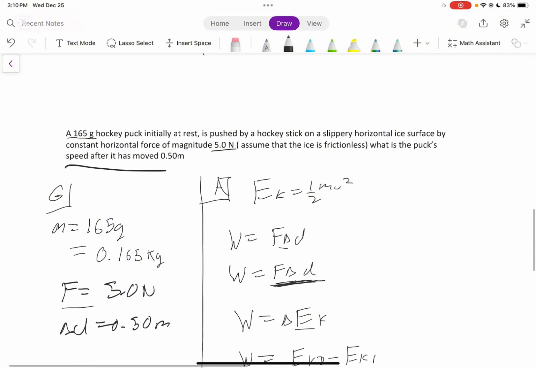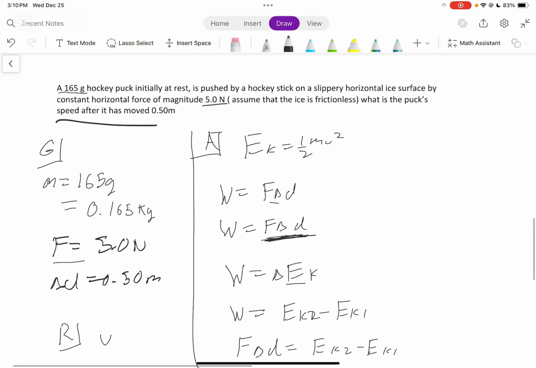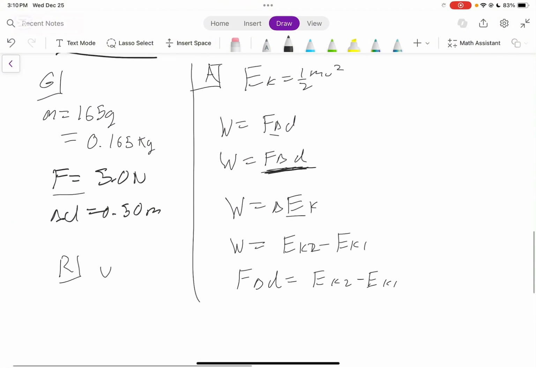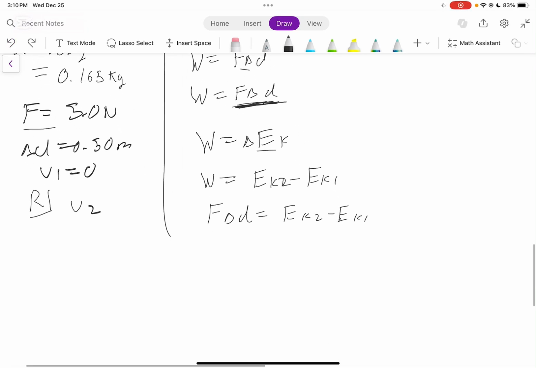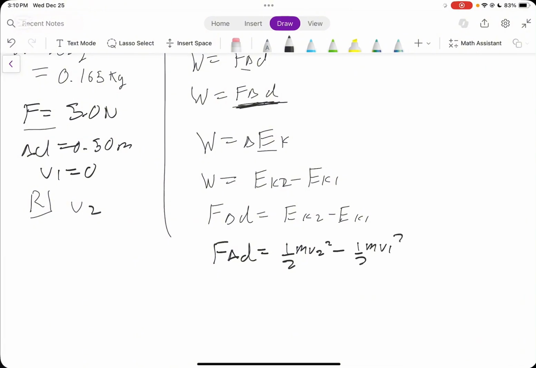And a piece of information that we may have missed is that it's at rest. So we know that V1 is equal to 0, and we're looking for V2. So force times delta D is equal to 1/2 mv2 squared minus 1/2 mv1 squared.